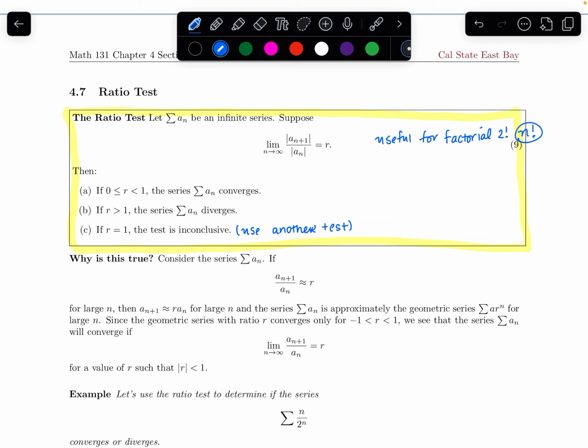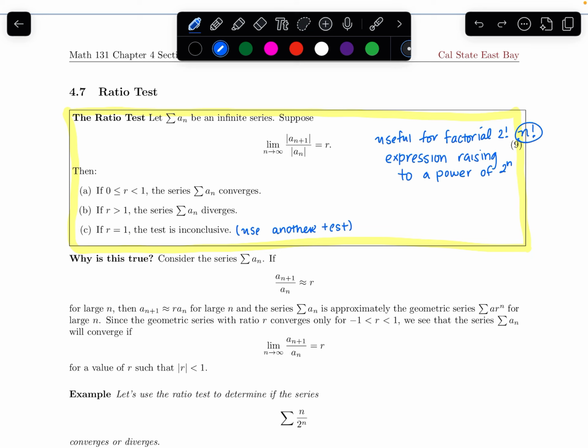Another place is when we have an expression raised to a power of n, like 2 to the n, like we see down here. Essentially, we see, hey, this is not geometric, because we've got this n value right here.